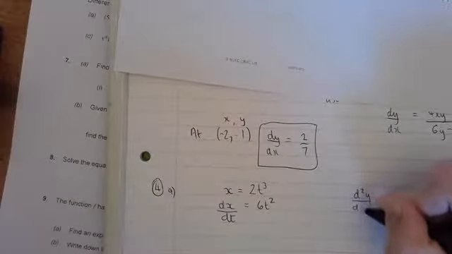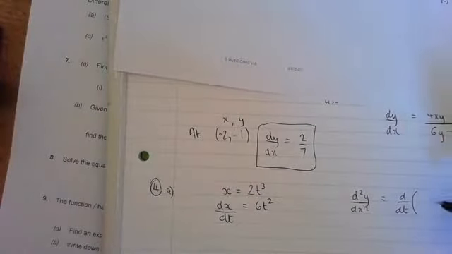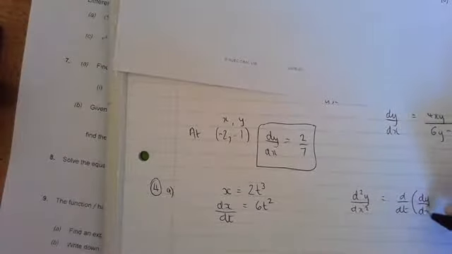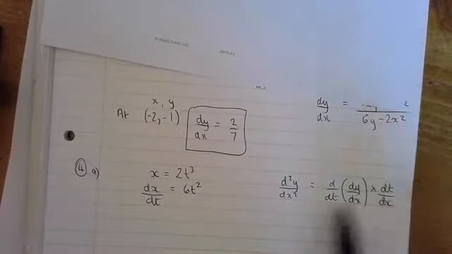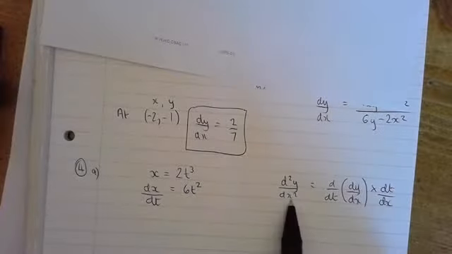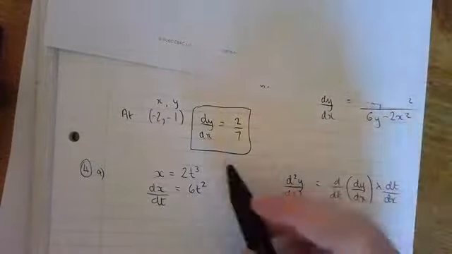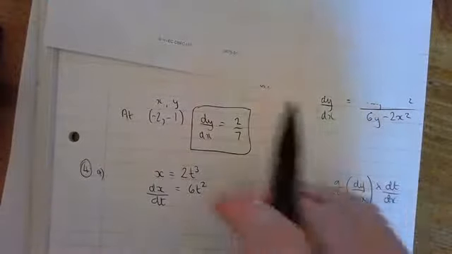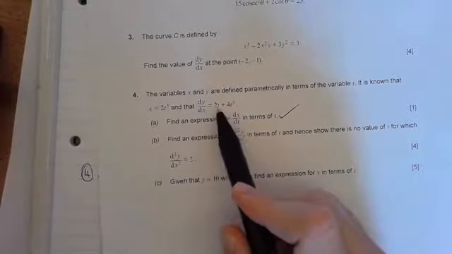So d2y by dx squared is equal to d by dt, so you differentiate the differential, and then you times that by dt by dx, which effectively will cancel out these two dt's, giving d2y by dx squared.